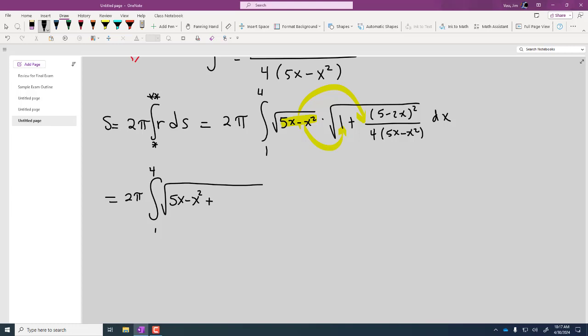That whole denominator goes away. The 4 is still there. So we end up with, let's FOIL the numerator out. So we get 25 minus 20x plus 4x squared. And the denominator, the only thing that's left is the 4.